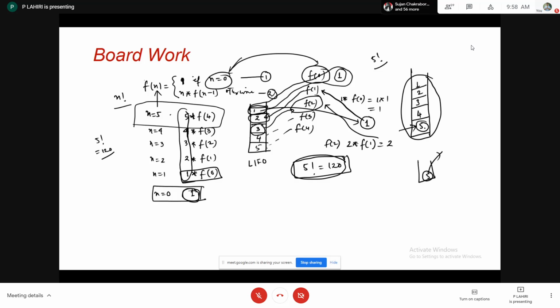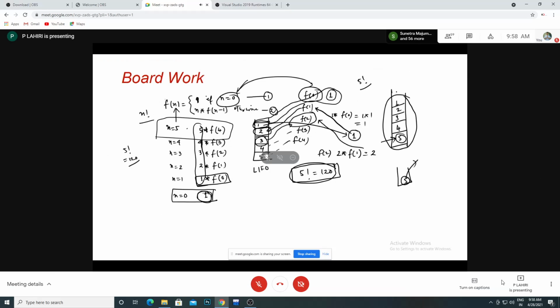One for keeping, that means you are pushing the data and it is waiting to get the value for its evaluation, and once the value has come, you are popping it out. So the same data will be evaluated twice. So not only in terms of time, but also in terms of space, it can be shown that due to the use of stack, recursive algorithms take more time as well as space.